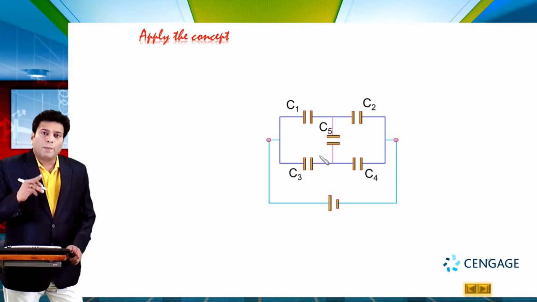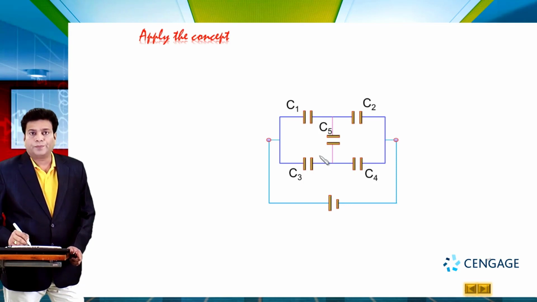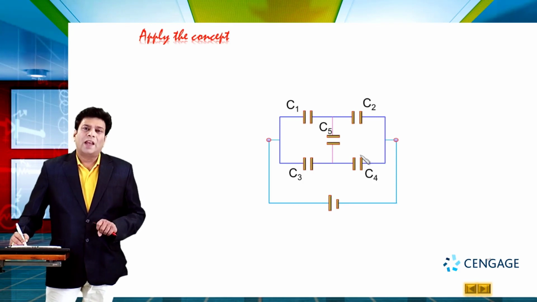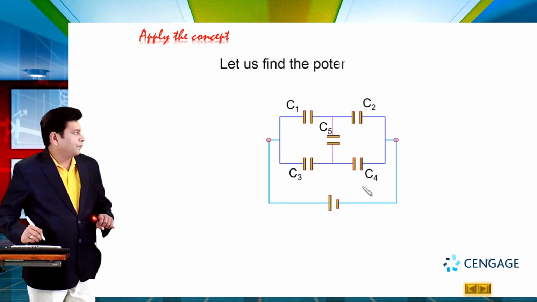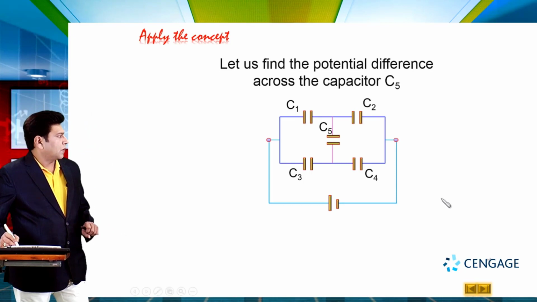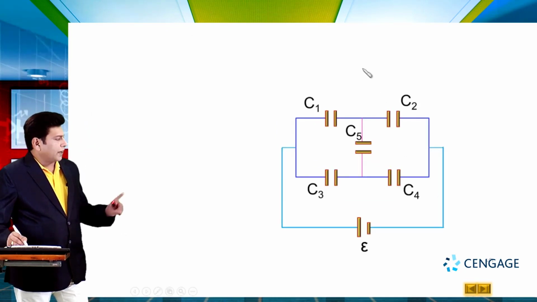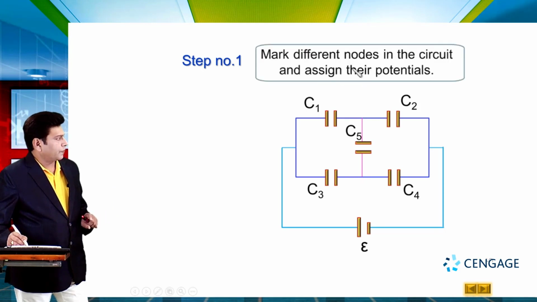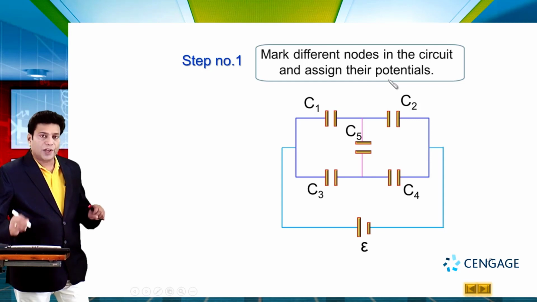Now remember what step number 1 was. In step number 1, there was: mark different nodes in the circuit and assign their potential. So now let us write step number 1, that is mark different nodes of the circuit and assign their potential.